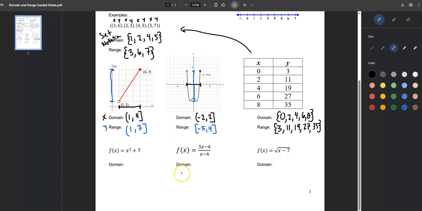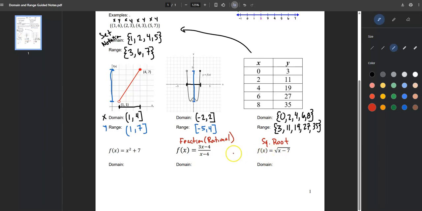But right now, anytime I have a fraction, or what we call a rational, meaning I have an x in the denominator, that is a restriction. Okay, so there's problems with that. I don't have every x value from left to right. And anytime that I have a square root as well, I'm going to have a restriction as well.